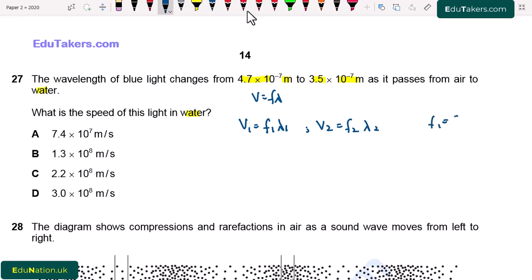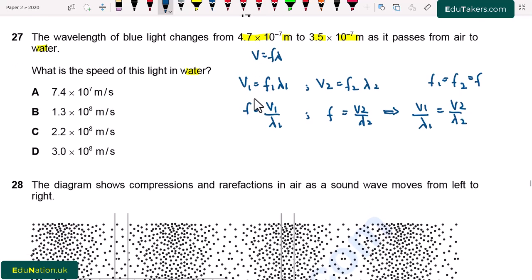Frequency remains the same in both mediums, so f = v1/λ1 and f = v2/λ2. By comparing both equations, v1/λ1 = v2/λ2.